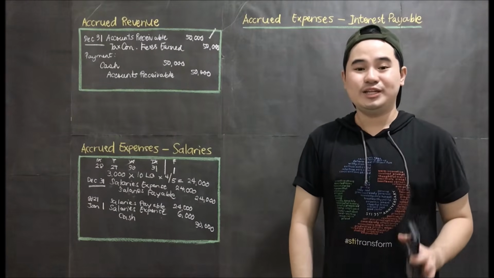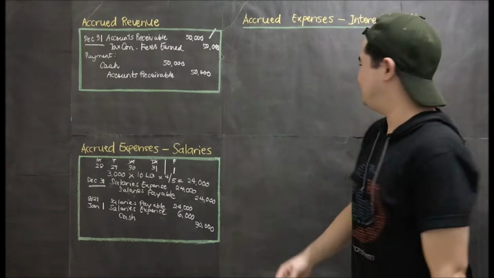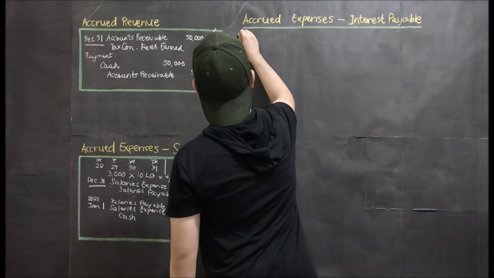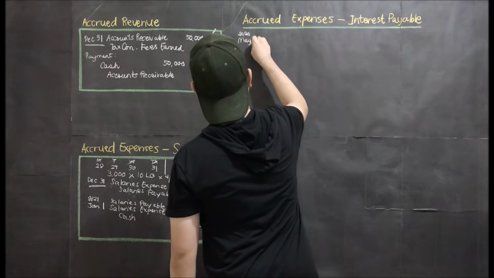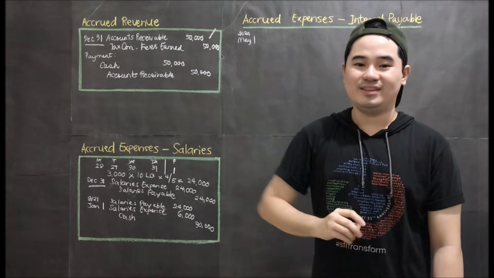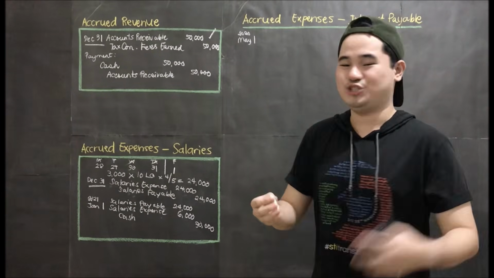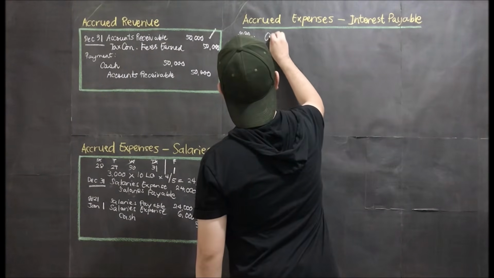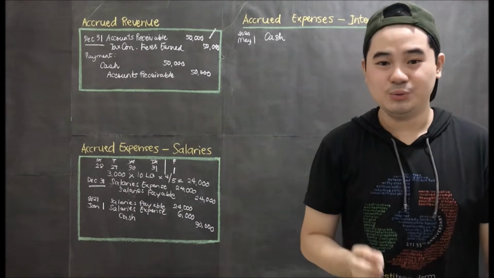Okay, so i-entry muna natin yung panghihiram nila ng pera sa bangko. On May 1, 2020, nanghiram sila ng pera sa bangko. So, syempre, magkakaroon sila ng cash. Magkano po yung hiniram nila sa bangko? 200,000.